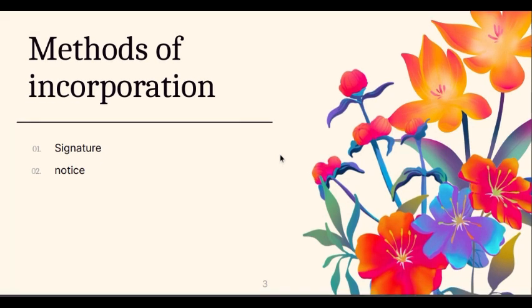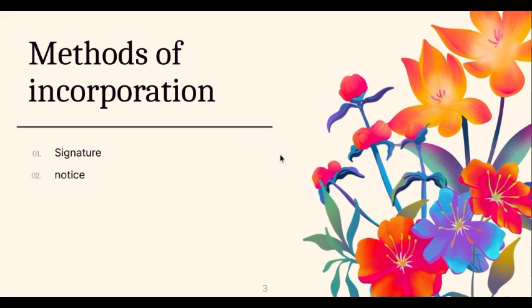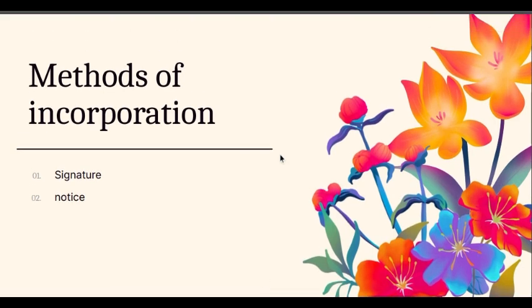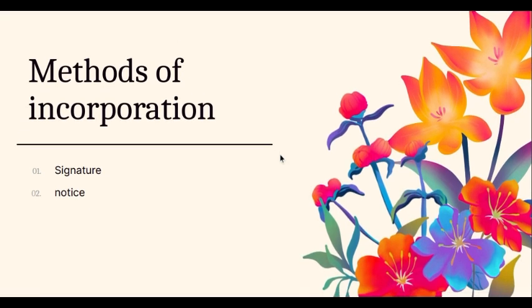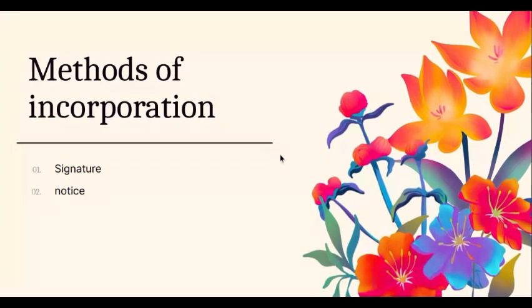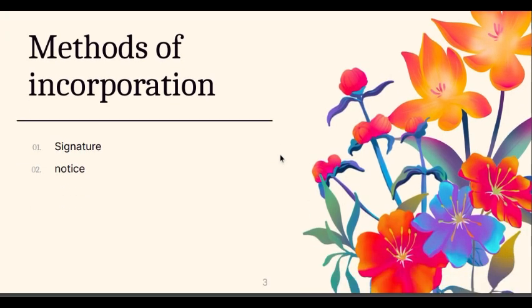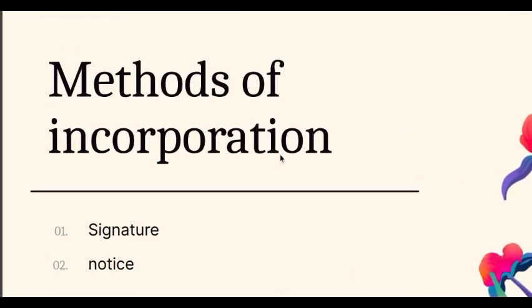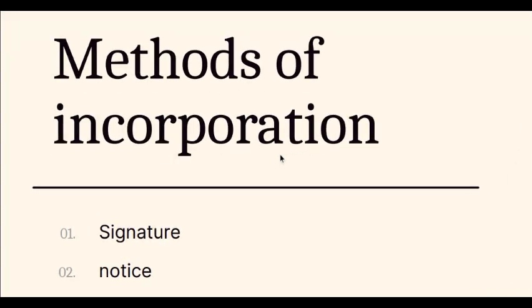Another way of incorporation is through what we call a notice. The courts say that the notice must be reasonable. In order to incorporate any other different term or a new term in the contract, a notice that is reasonable enough should be given.